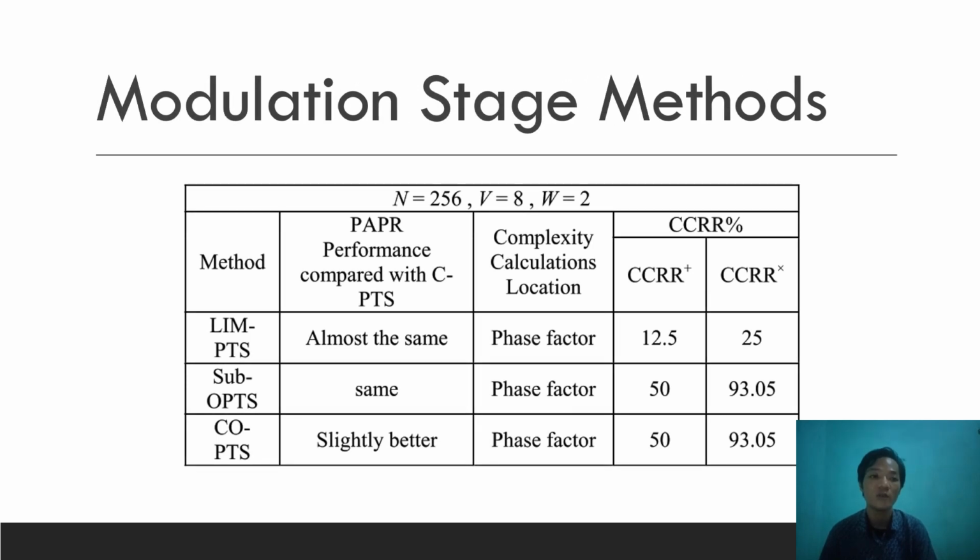Besides, the modified PTS methods in this study that deal with the modulation state of the PTS scheme are the LIMB PTS method, sub-optimal PTS method, and the co-PTS method. Accordingly, modified PTS methods in the modulation state of the PTS technique could reduce the CCL of the system with a slight degradation of the PAPR per.